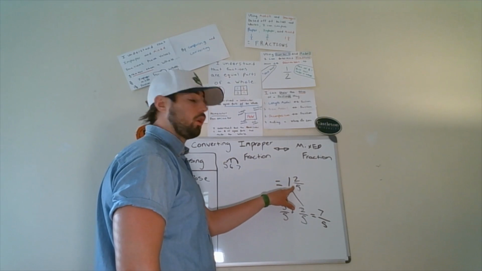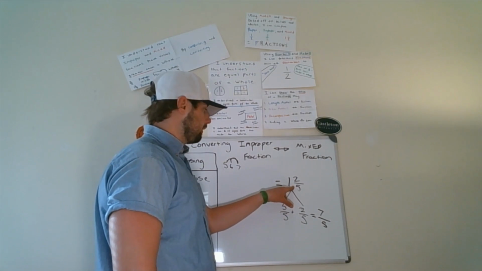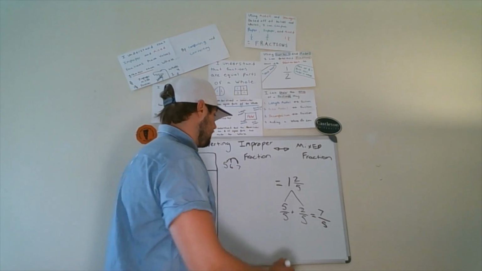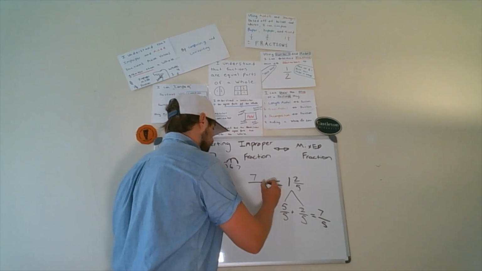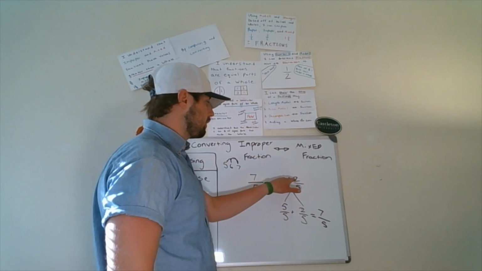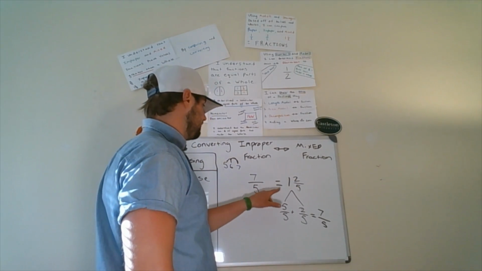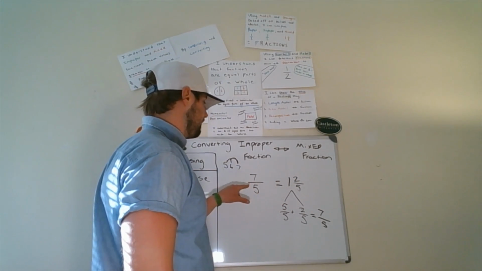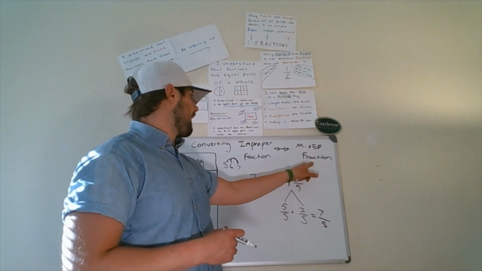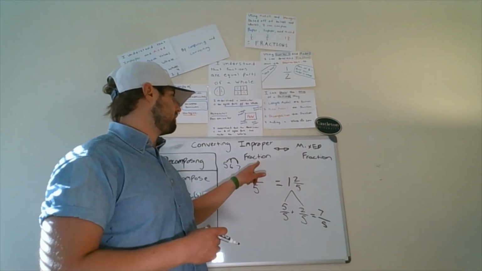I took my leftover fraction. I put them together to get just an improper fraction. 1 and 2/5 is equivalent to 7/5. Converting mixed fractions to improper fractions.